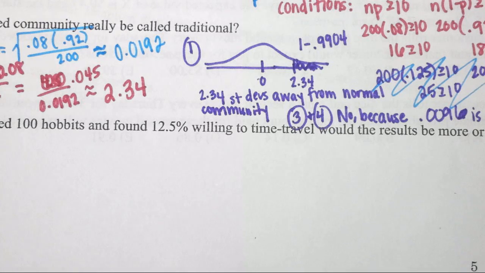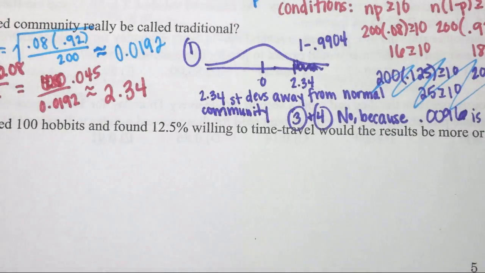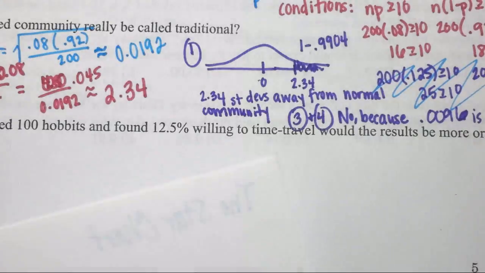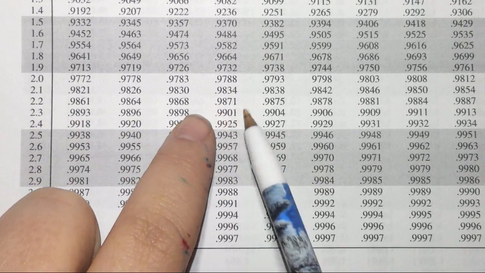And so when we left, I was looking in my formulas page. So we went to 2.34 under the curve, but 2.34 was 0.9901.